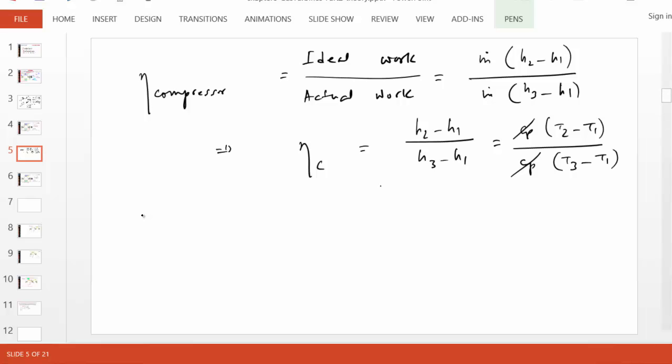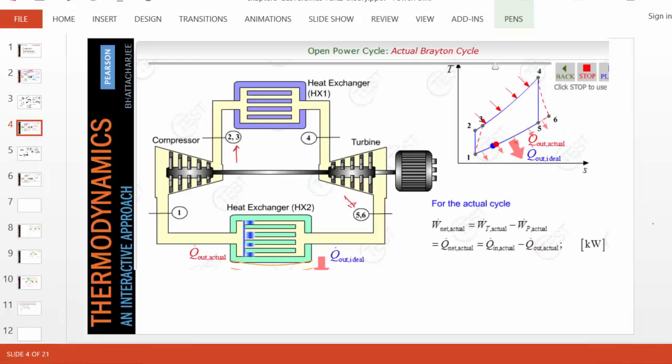Likewise, the turbine efficiency would be what? This time, the actual work of a turbine will be smaller than the ideal work. Instead of memorizing such a formula, always think an efficiency is less than 1, so therefore the smaller quantity goes on the numerator. So actual work for the turbine, again, the actual turbine goes from 4 to 6.